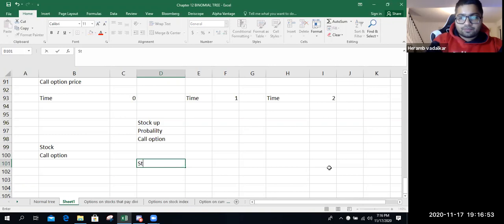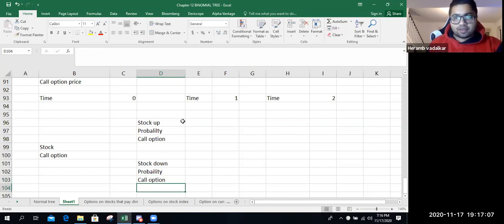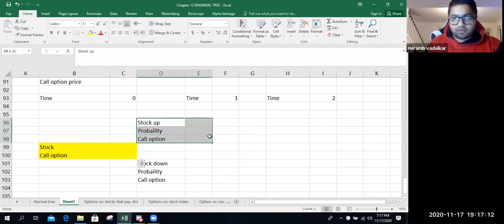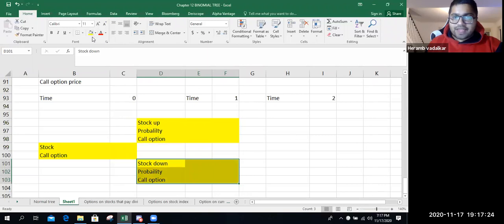Then stock down, probability of moving down, and call option price. This is same like the last step. So you have stock call option. It can move up, it can move down.